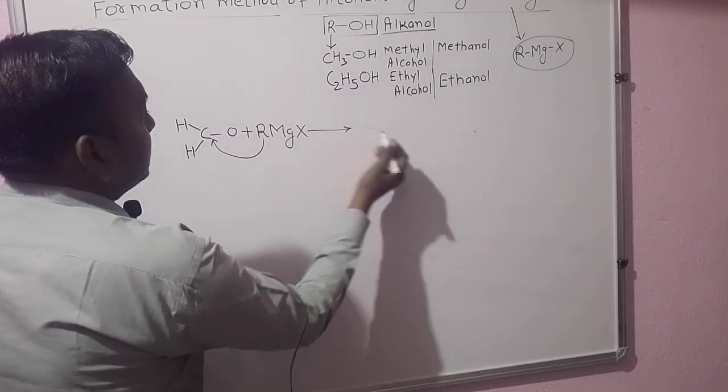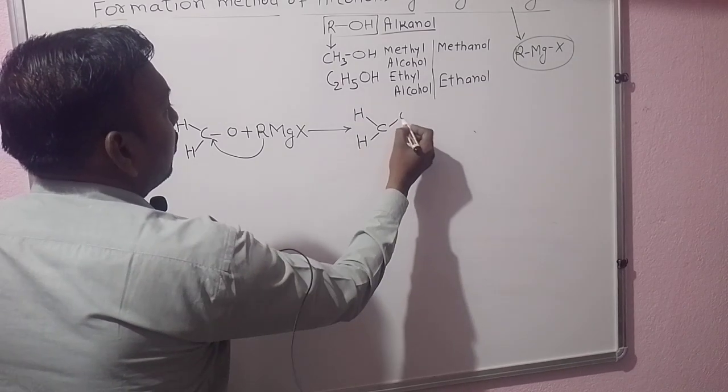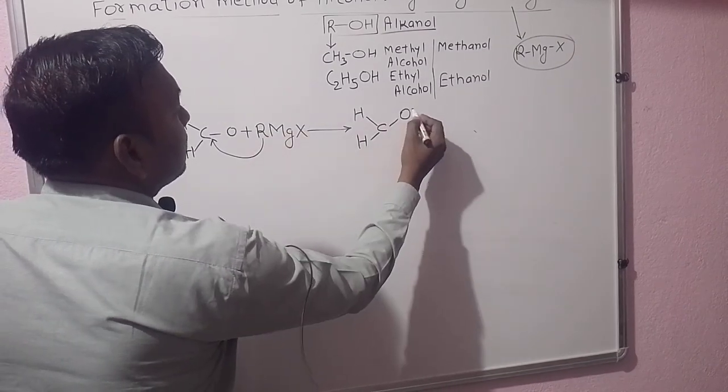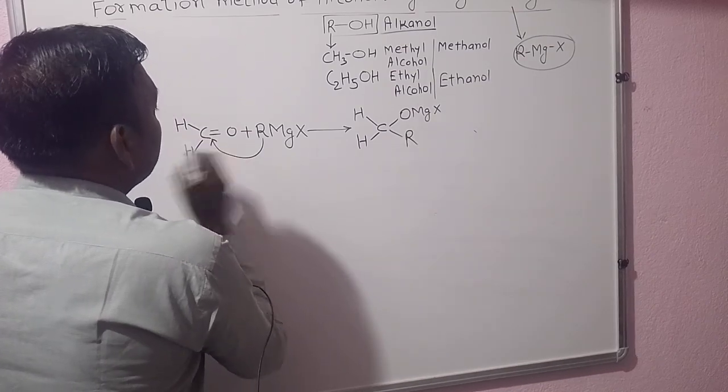So what happens in the next step? H, C, H, O, MgX, and here R comes. Clear? Okay.